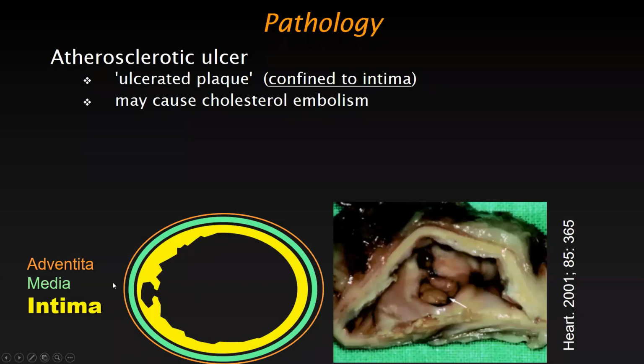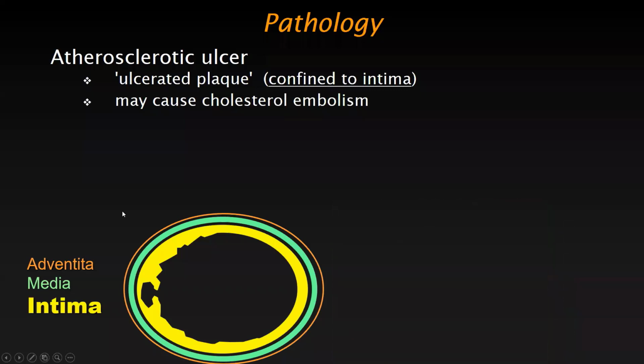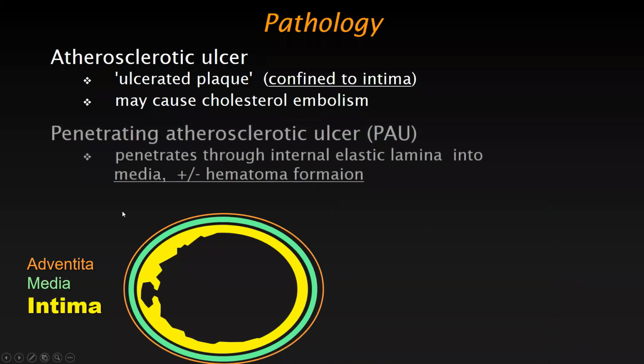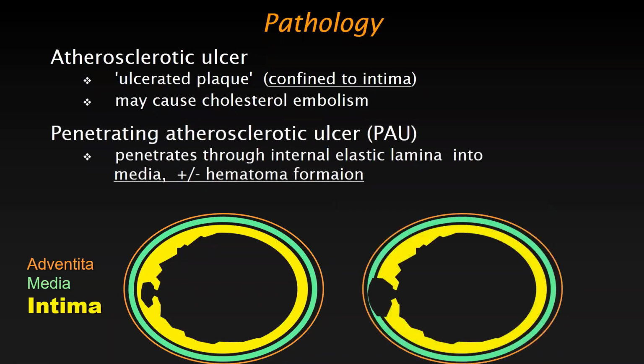Now, only if such an ulcer penetrates through the internal elastic lamina into the media, then it's by definition a penetrating atherosclerotic ulcer. So if this happens acutely or as an acute event, then this can be associated with a focal blood in the wall. So then you have a local intramural hematoma.